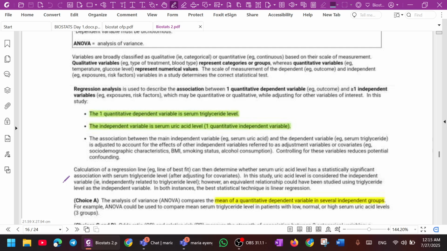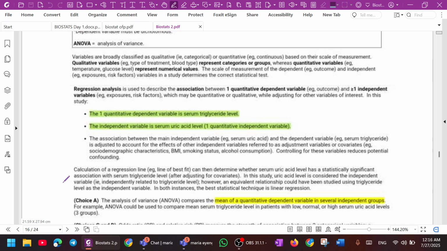Controlling for these variables reduces potential confounding. Calculation of a regression line of best fit can then determine whether serum uric acid level has a statistically significant association with serum triglyceride level after adjusting for covariates.